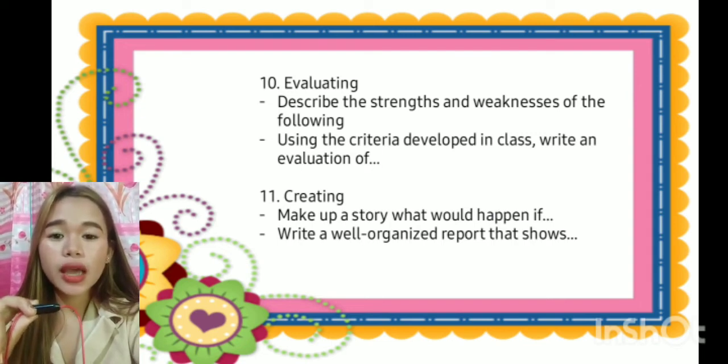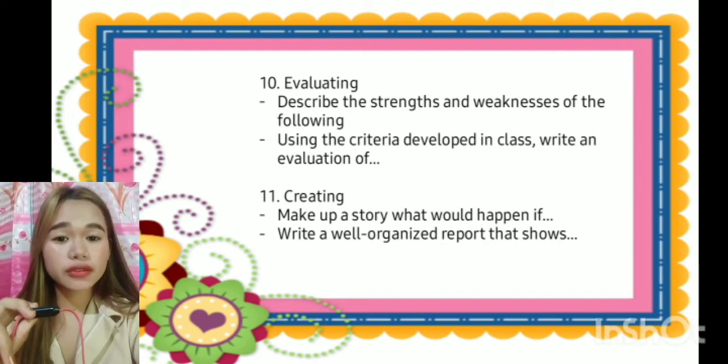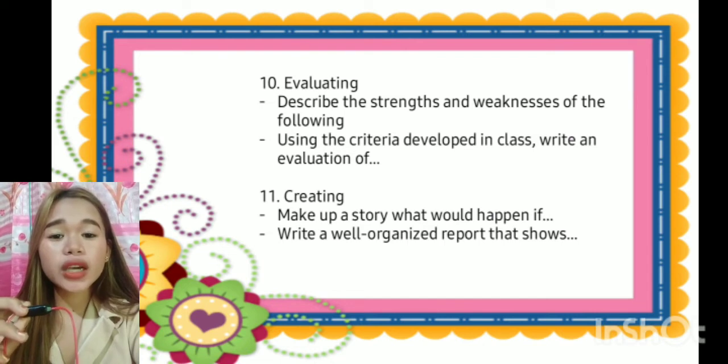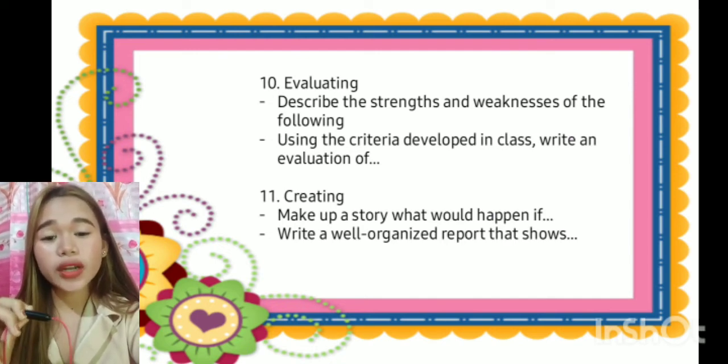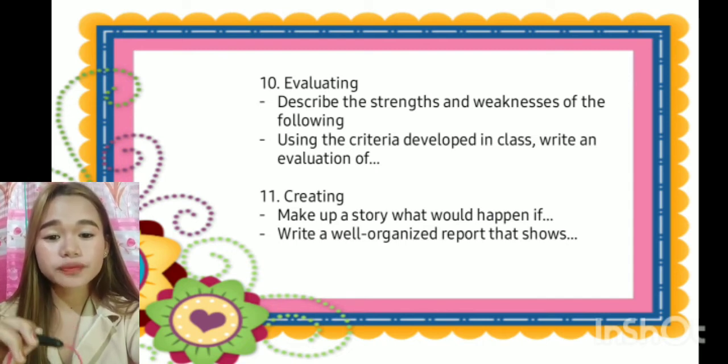So example, make up a story describing what would happen if. So you are going to make your own story with the given considerations in example number one. Next, design a plan to prove that. Another example, given the concept of validity, provide an example of an assessment question of your own and explain why you chose that kind of question.